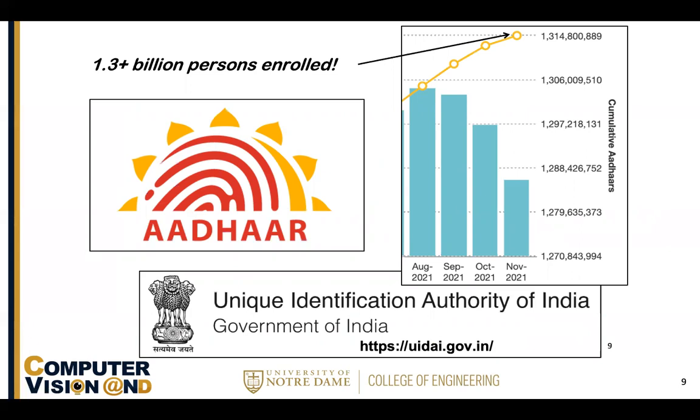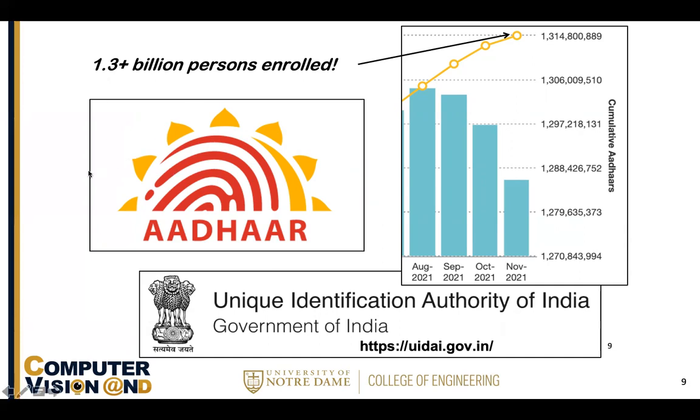This seems extreme, but for the last decade or so, the go-to example of practical working biometrics that incorporate iris recognition and solve a problem at huge scale has been the Unique ID Authority's Aadhaar program in India. I've pulled some numbers here. In November 2021, Aadhaar had well over 1.3 billion individual persons enrolled in a national scale ID program.